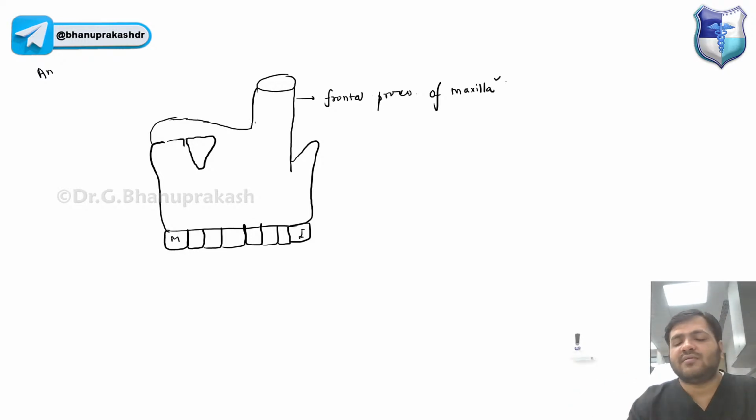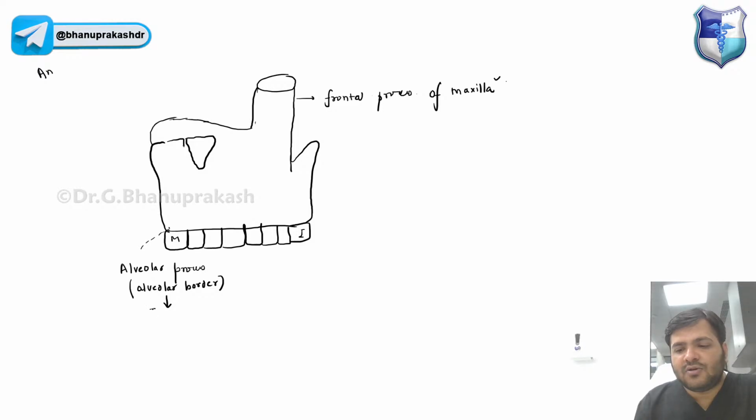The lower part is called the alveolar process below, and it forms the alveolar border, which consists of the tooth sockets, and in this come our teeth.